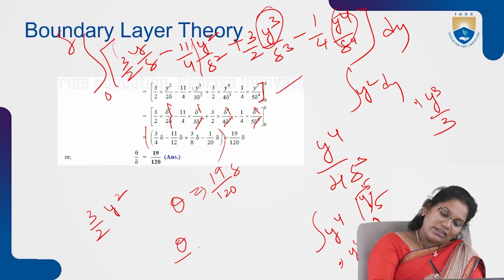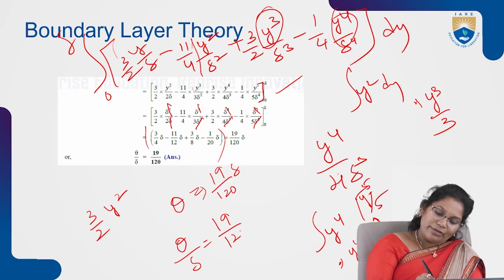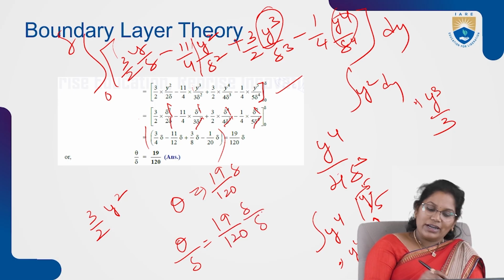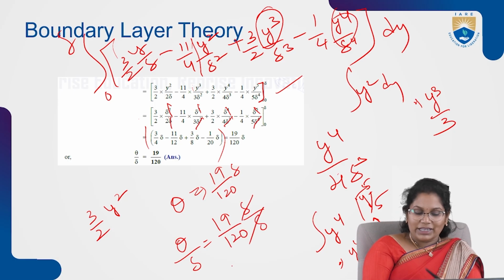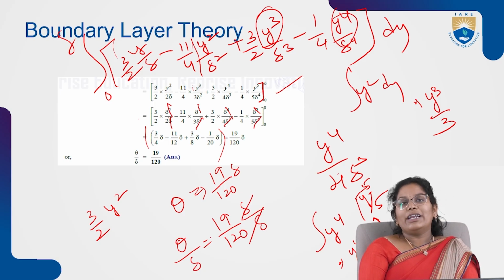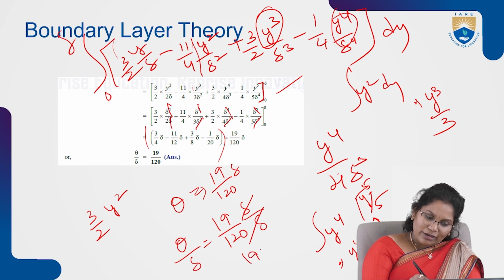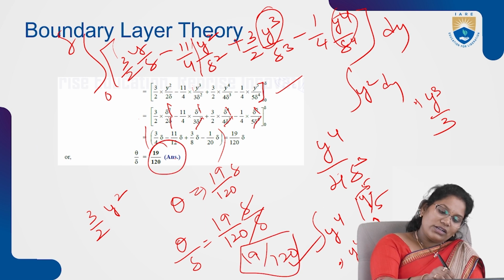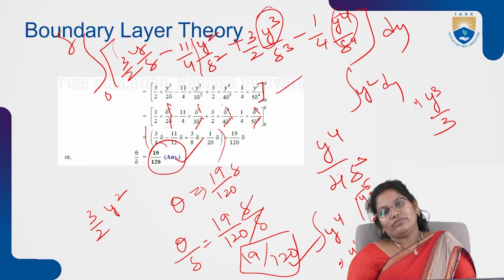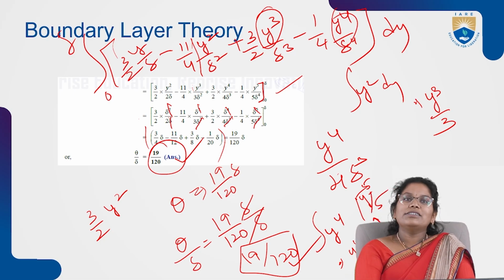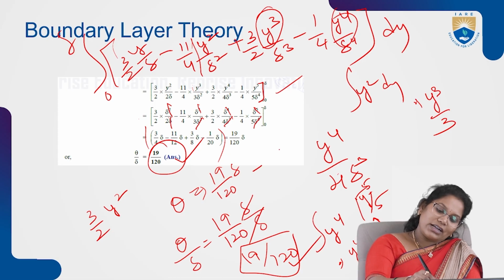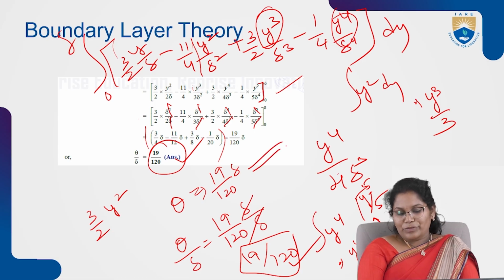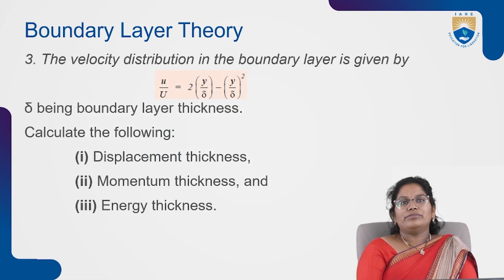So theta by delta is equal to 19 by 120 delta by delta. It will get cancelled. So what is the ratio? Theta by delta is 19 by 120 is the answer. This is what your answer is. Right? This is the second problem. It is completed, done.